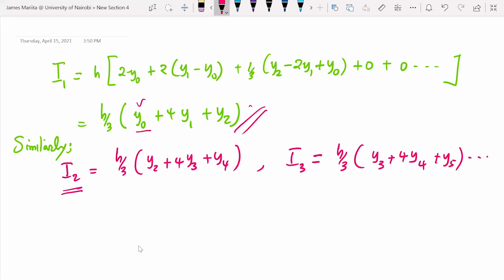This is y1, come on. I think that's where I made a mistake. Is it y1, or isn't this y1? Yes, it is. So this will be 4y2 plus y3.